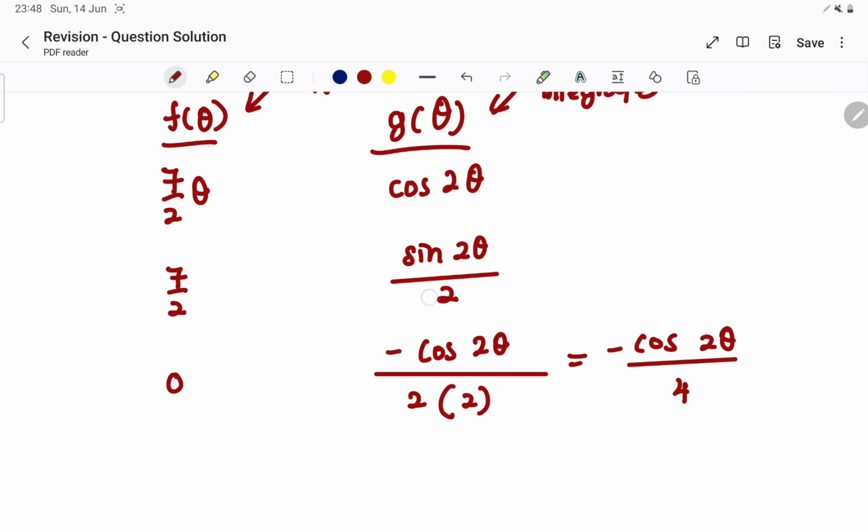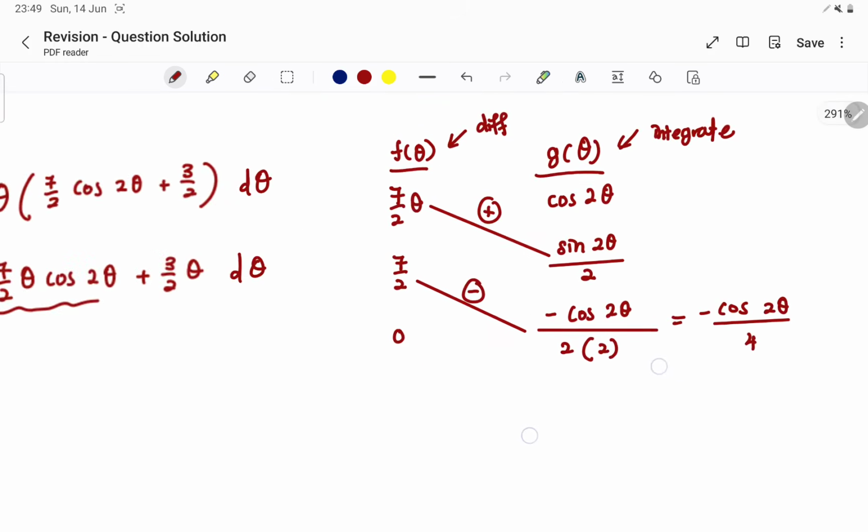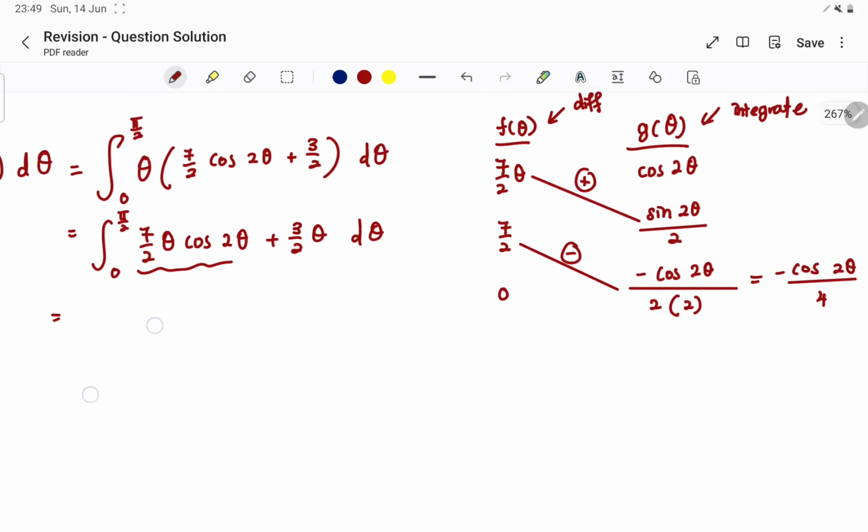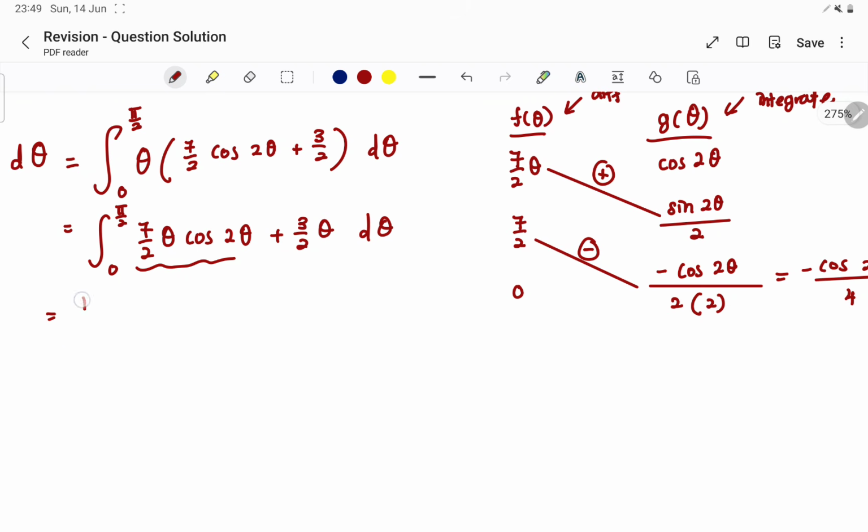So from here, because this is tabular, we draw a straight line like this, connecting them. This one is plus, this one is minus, the positive or negative sign. And then you substitute inside this, from 0 to π/2.